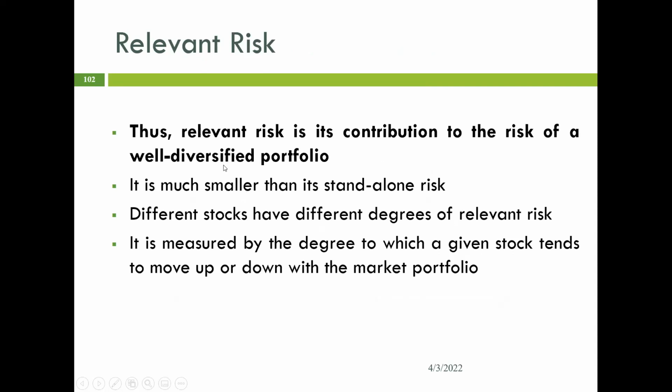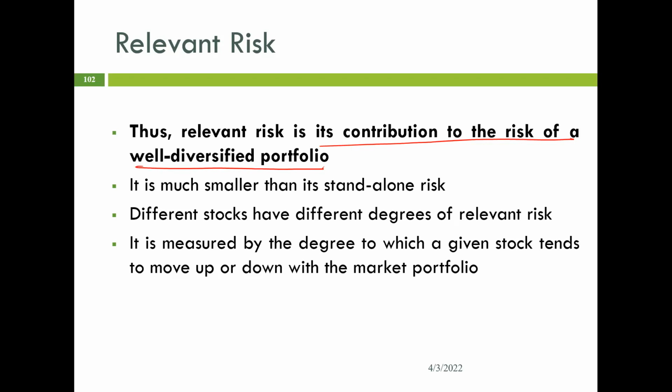Now with that discussion, you would now understand that the relevant risk, or the market risk, or the systematic risk, is its contribution to the risk of the well-diversified portfolio. Once you construct a well-diversified portfolio, the remaining part is the risk related to co-movement, related to the covariance.